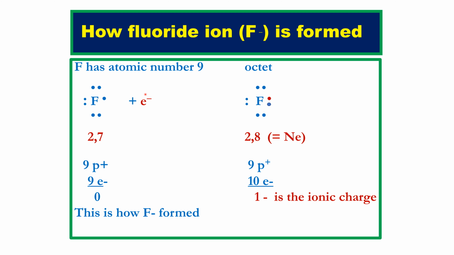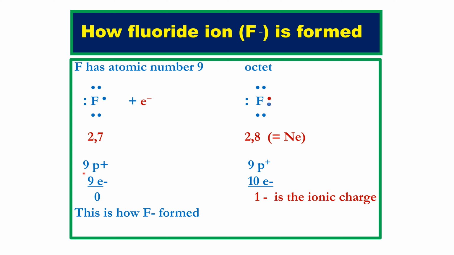When fluorine gains 1 electron, its electronic configuration will be 2 electrons in the first shell and 8 electrons in its outermost shell. This configuration corresponds to that of neon, which is a noble gas. In this way, fluoride ion has achieved the octet arrangement because it now has 8 electrons in its outermost shell by gaining this 1 electron.